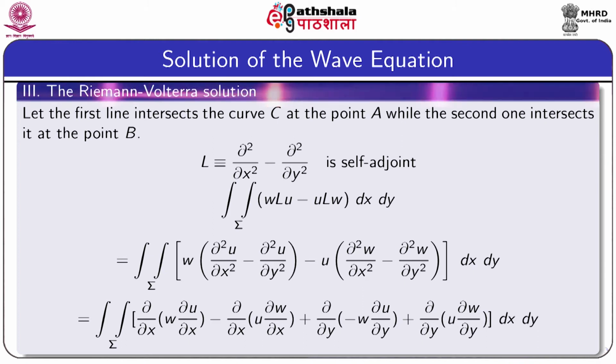So, if you choose w = 1, Lw is 0, and we also have Lu = 0. Therefore, the left hand side becomes 0. So, 0 equals the right hand side, this part, the integral of (U cos nx + V cos ny) ds.